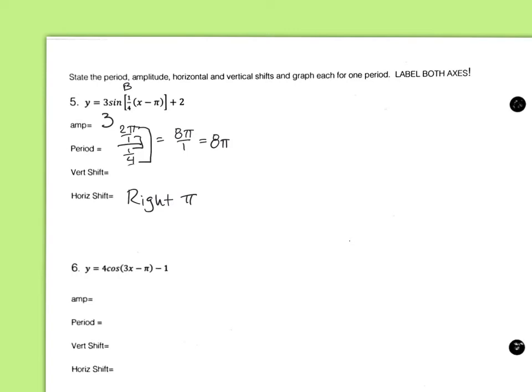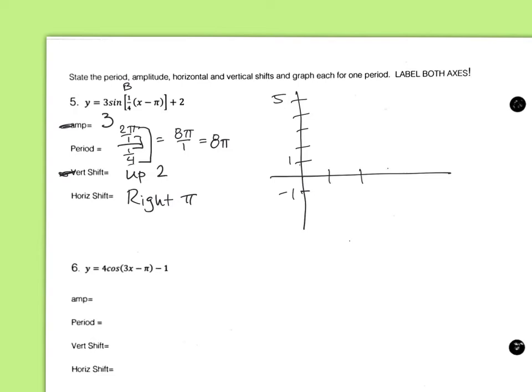And then, of course, our vertical shift looks like it's up 2. All right. So we know we have to go up 2, and our amplitude is 3. So we know we have to go up to 5. Also, from up 2, we have to be able to go down 3. 1, 2. So we have to at least go down to -1.